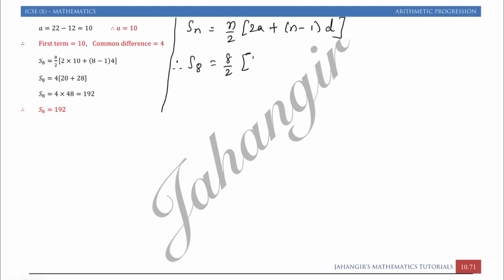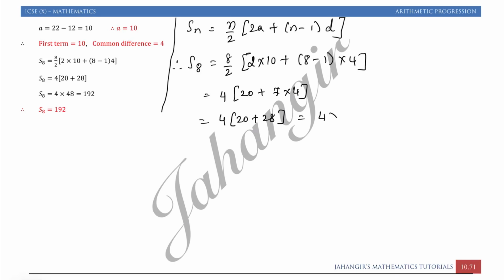First term we already found it is 10, plus n is 8 minus 1 into common difference is 4. So 8 by 2 is 4. 2 tens are 20 plus 8 minus 1 is 7 into 4. So that is 4. 20 plus 7 fours are 28. So that is 4 into 48, which is equal to 192.